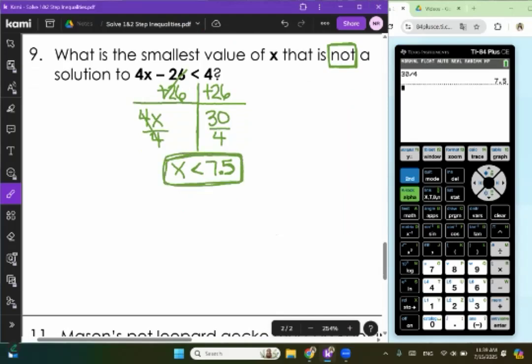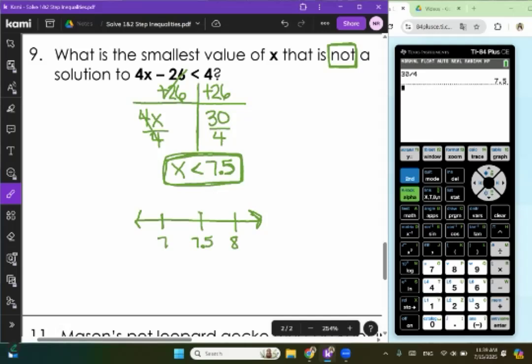I like to graph it on a number line to really understand. So I'm going to draw my number line. We got 7, 7.5, and then we have 8. Okay.